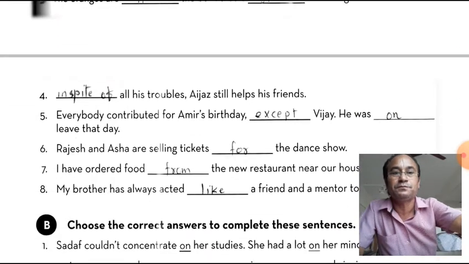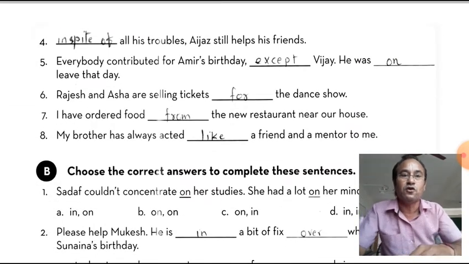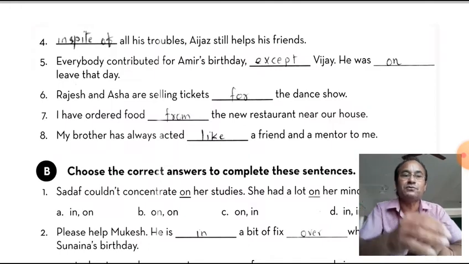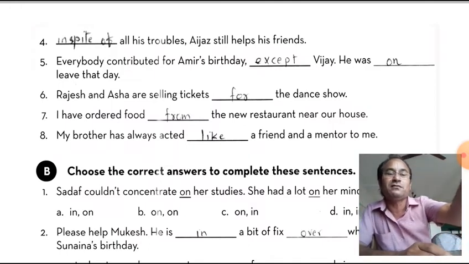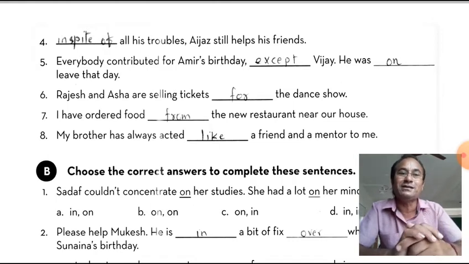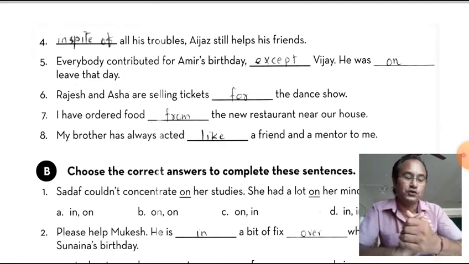Now, the fourth one: In spite of all his troubles, Ajit still helps his friends. In spite of means even so. So this is a contrast in diverse conditions also. In Gujarati, it is the same idea. So, in spite of.